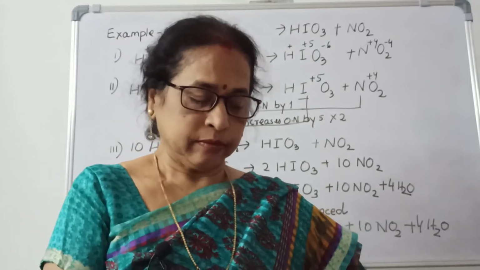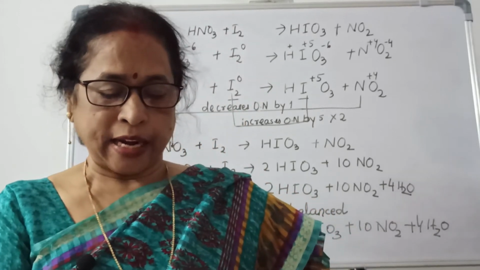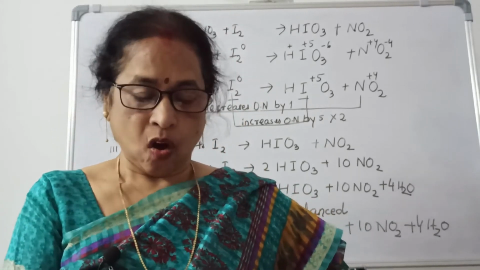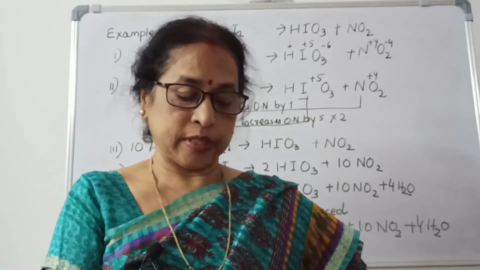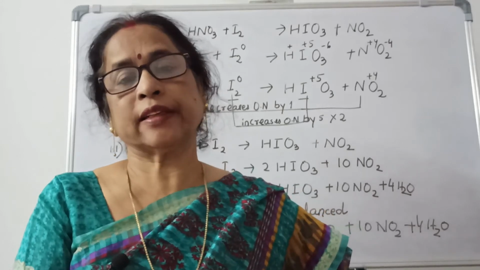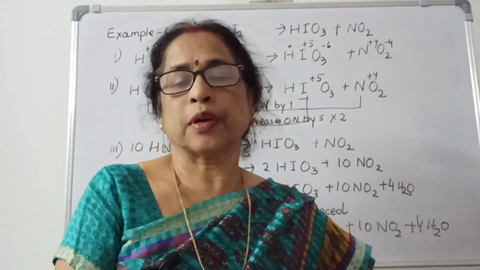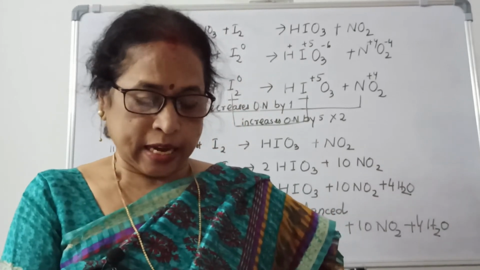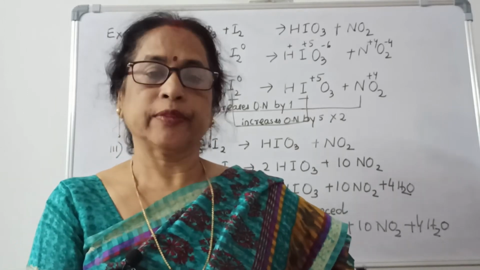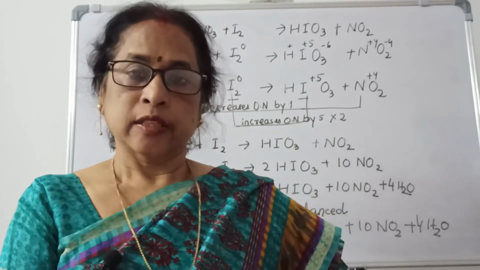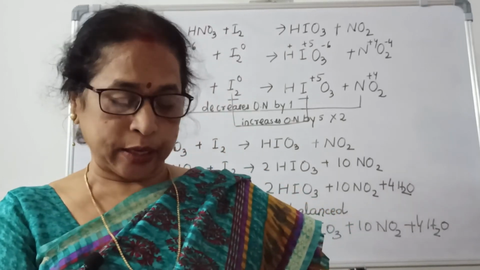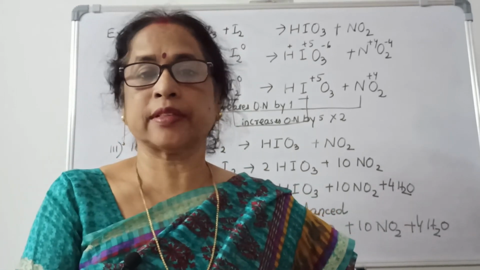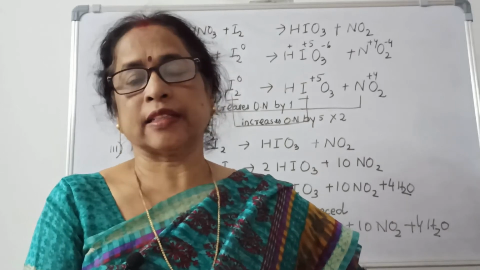In the same way, 8 hydrogen deficient on the reactant side, but not the product side. In example 5, in the 6th objective point, 2 hydrogen deficient on the left side, not the right side.